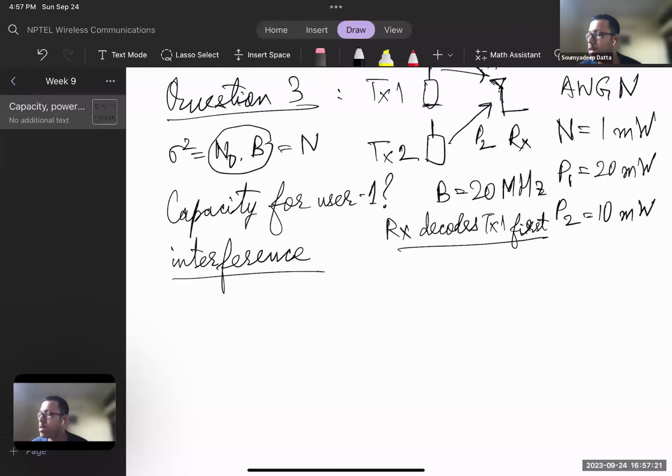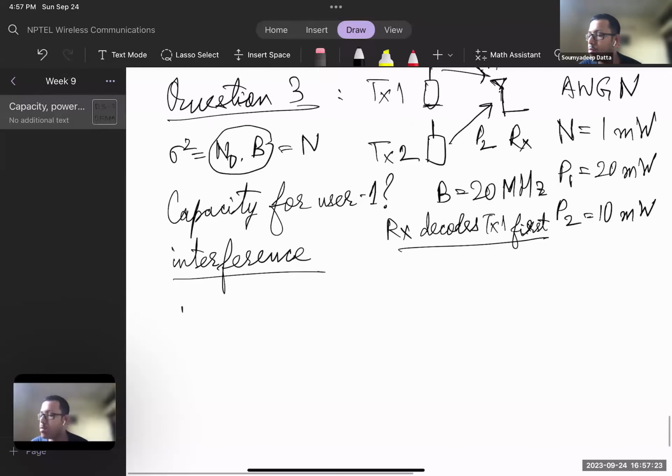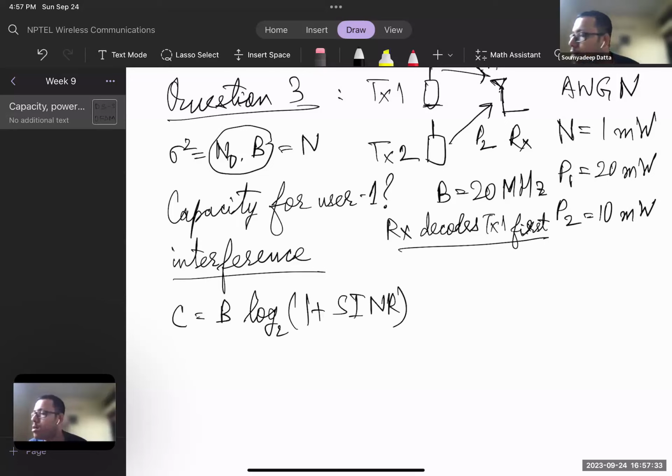So I have to use the formula for an interference channel: bandwidth times log 2 of 1 plus SINR. SINR is the signal to interference plus noise ratio, P divided by interference plus noise.